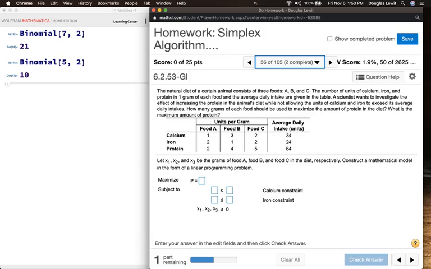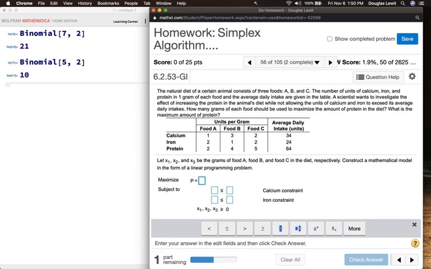Okay? So here, what function, this is called the objective function. What are we actually maximizing? Okay? So we are maximizing the amount of protein that the animal actually eats. So the coefficients are right over here in the bottom row.